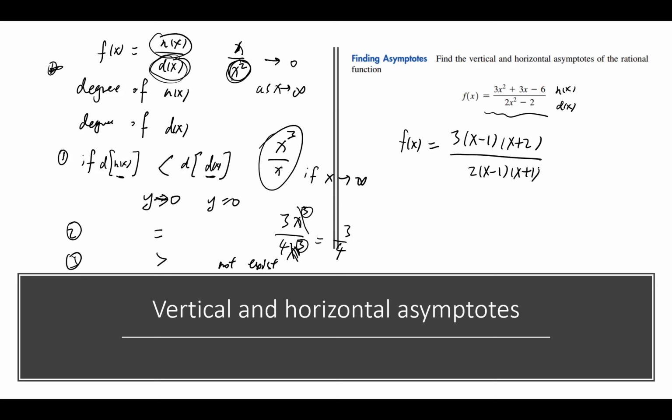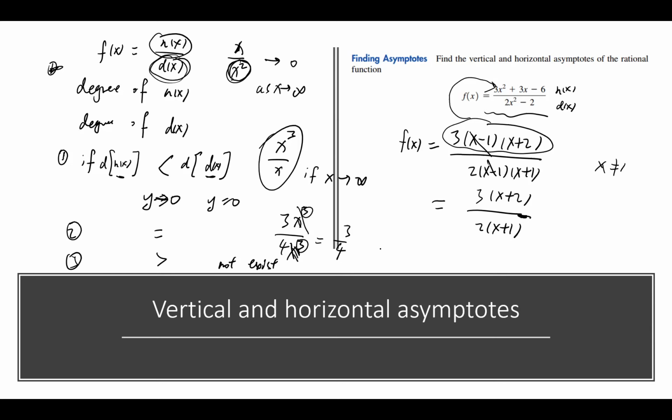You are also encouraged to double check, for example, by expanding it out to see if it equals the original form. If it does, then you are safe in terms of performing the factoring. Now, it's obvious that we can cancel this out, assuming that x is not equal to 1. So now f(x) becomes 3(x plus 2) over 2(x plus 1). This is the standard canonical form we can work with.